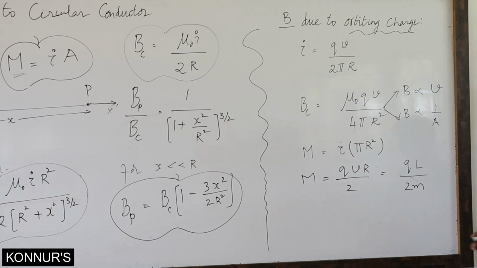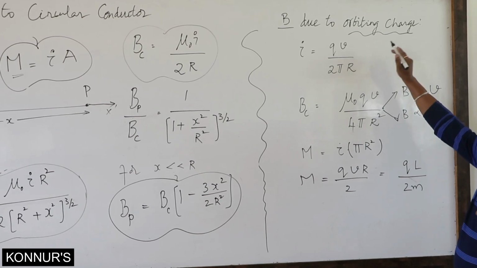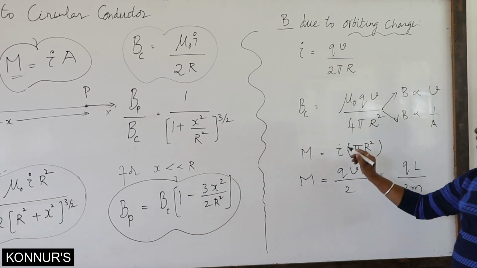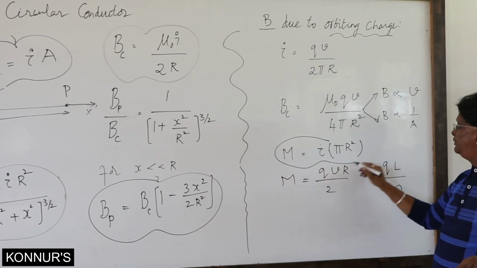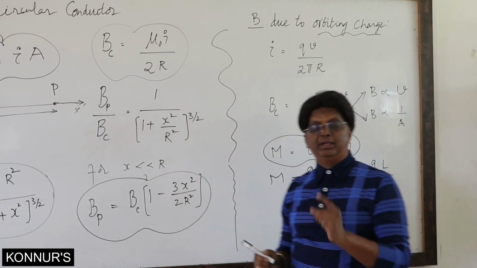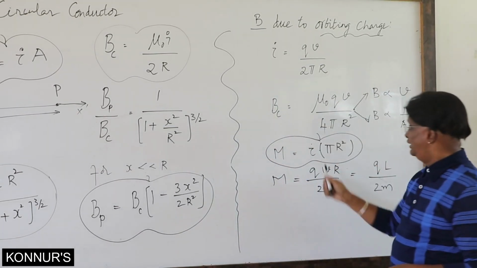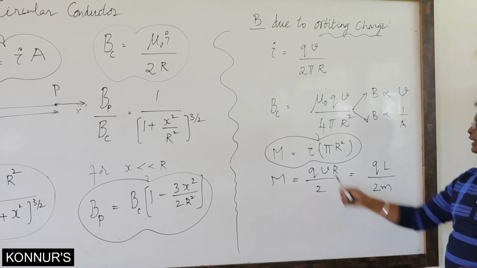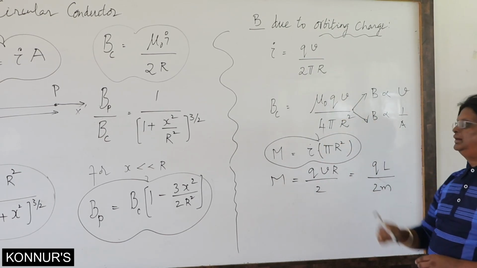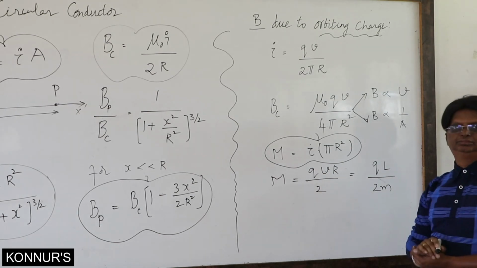So this is one. Similarly, let us also write the case of the orbiting charge: what will be the magnetic moment that is produced. Again, magnetic moment M is current times the cross section, I times pi r square. Again, I am using that I here. So, what is that expression? q v r by 2.